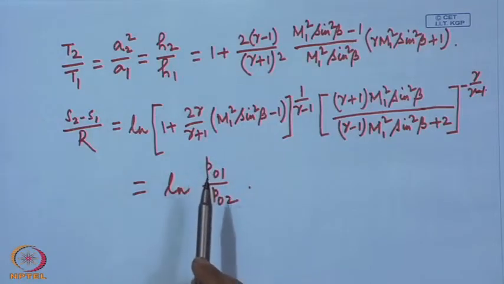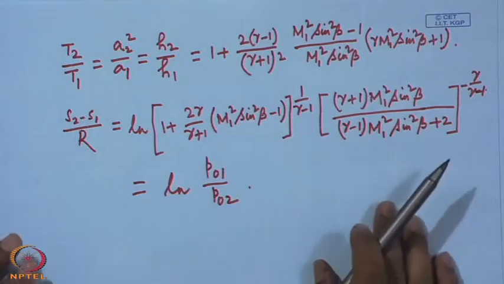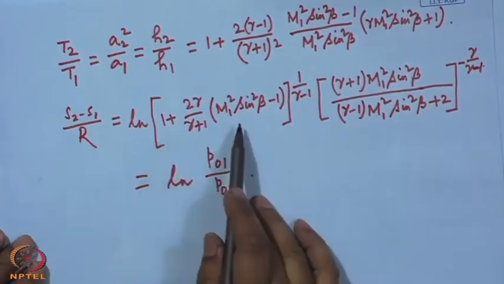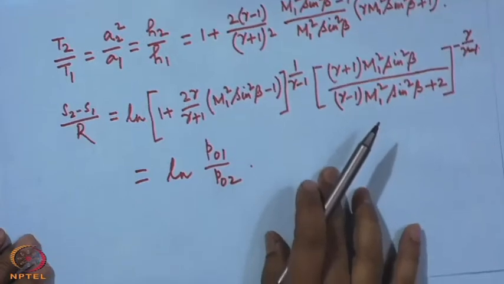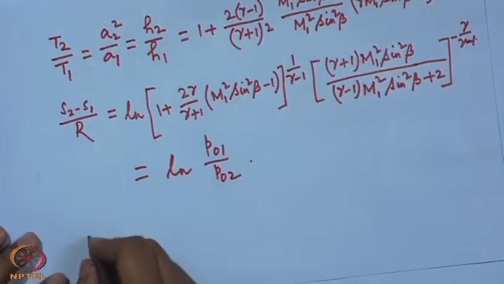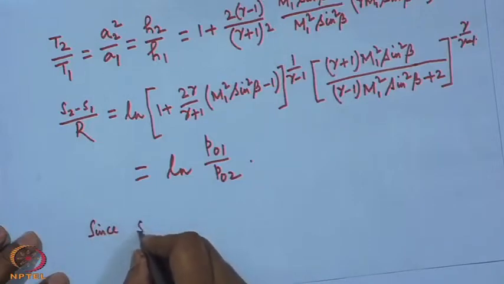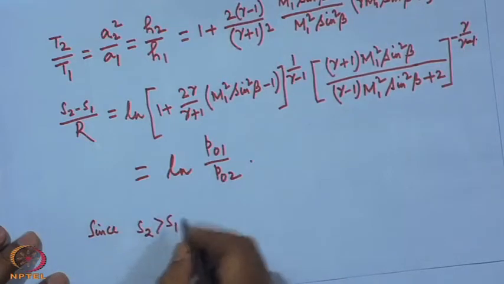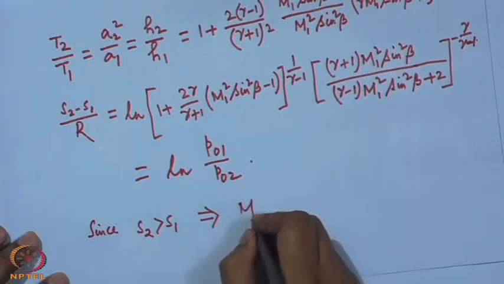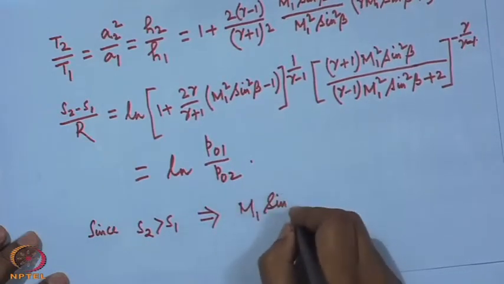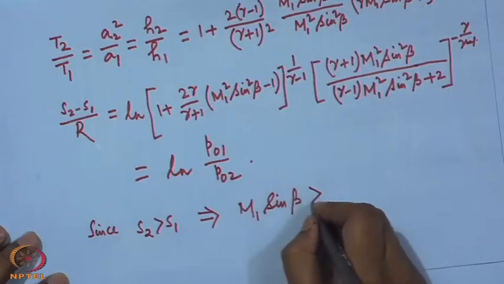And once again, since S2 must be greater than S1, we find that this requires that M1 sin beta must be greater than or equal to 1.